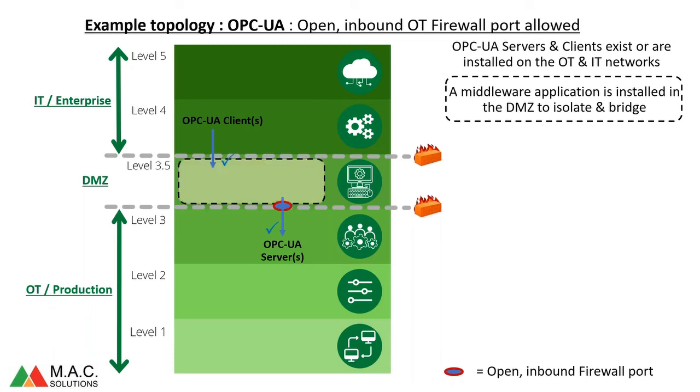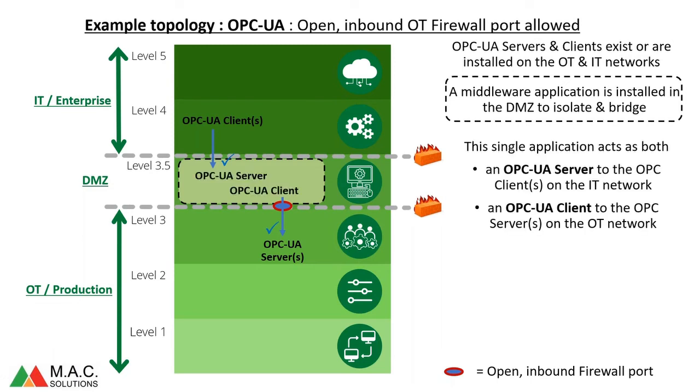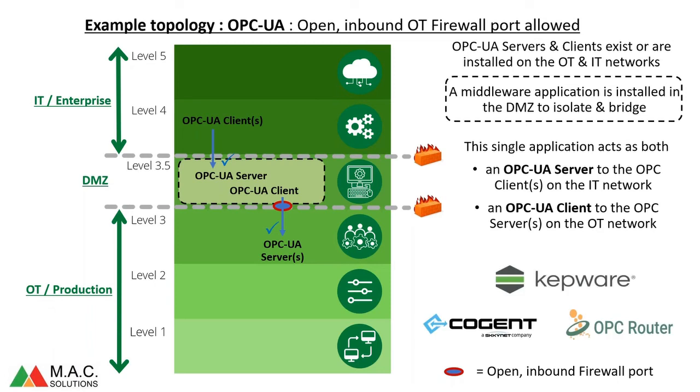You would install a middleware application whose job is to isolate and bridge between the client at the top and the server below. This middleware application would act as an OPC server to the client above and as an OPC client to the servers below. All of the software we sell, the KEPServer, the Cogent, and the OPC Router, will do this job of acting as a client and acting as a server.